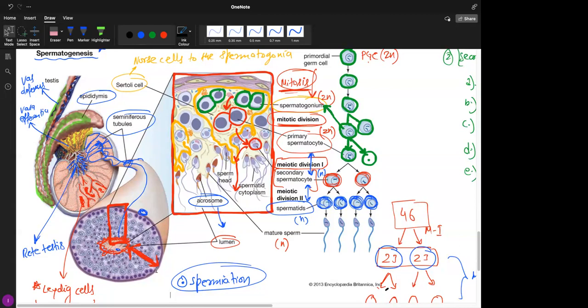So the overall process that happens in the testes and epididymis is spermatogenesis. Spermiogenesis is that one step where spermatids develop into mature sperm. Is that clear? And then spermiation is the final step where mature sperms are released into the lumen by the Sertoli cells so that they can go back into the rete testis and forward into the epididymis.